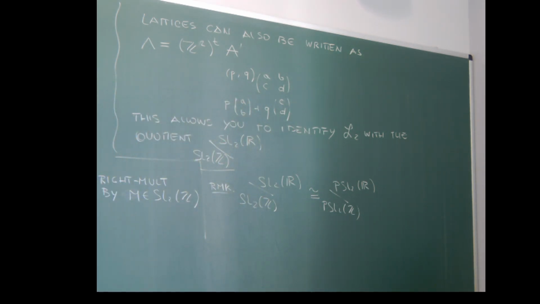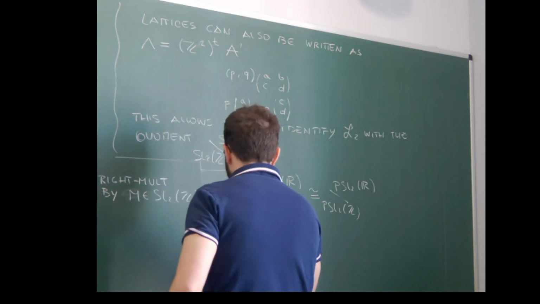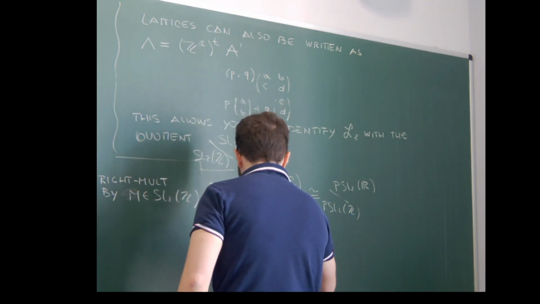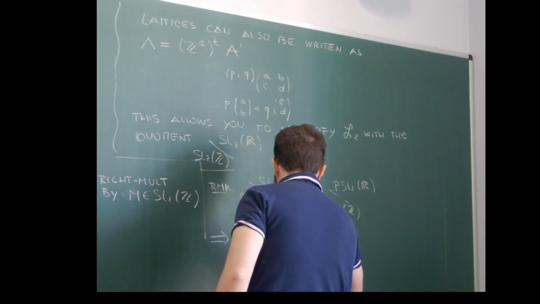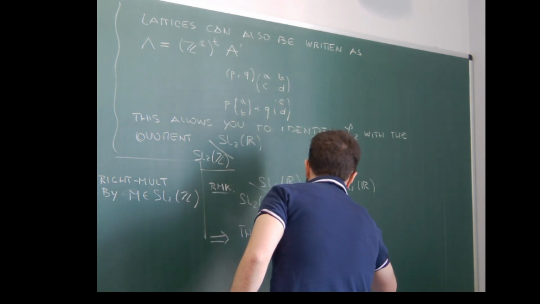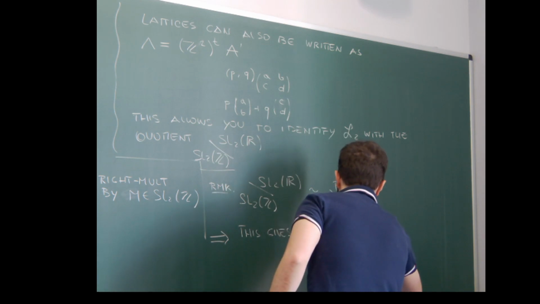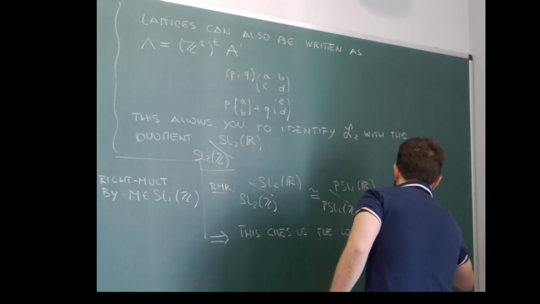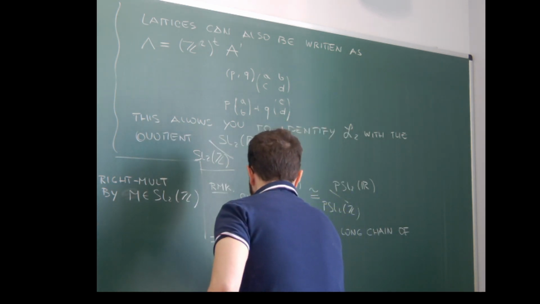Okay? So this implies that we have a long chain of identifications. So this gives us the long chain of identifications.